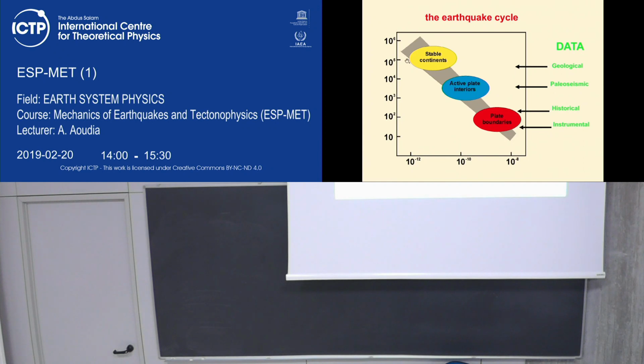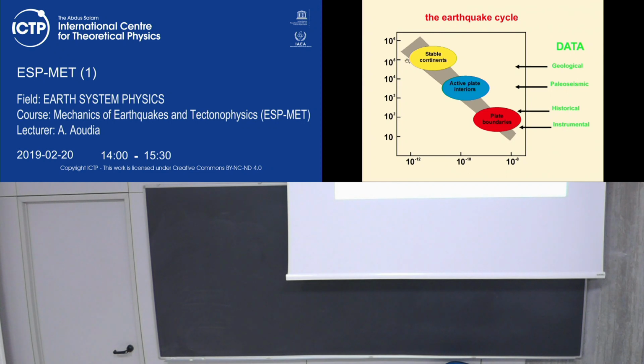But you have faults there. And these faults may generate earthquakes. But the way in general earthquakes repeat on these faults requires a longer time span for the accumulation of strain on these faults. And here we go into plate boundaries.